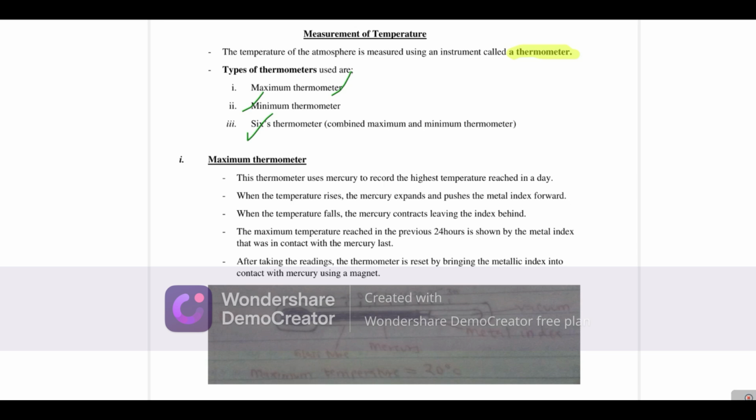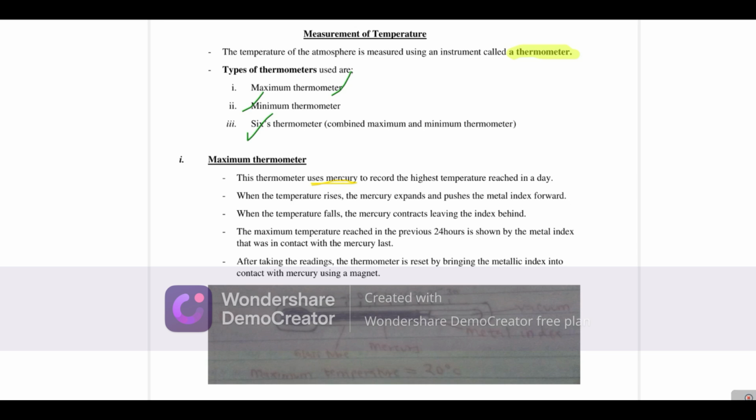Let's now look at the maximum thermometer before we come to the other types. This thermometer uses mercury, which you can note down, to record the highest temperature reached in a day.